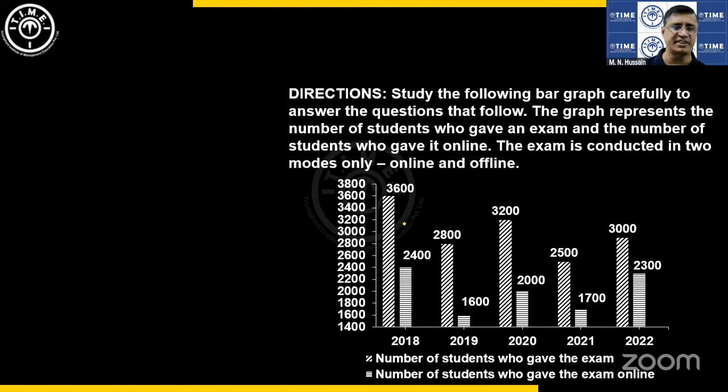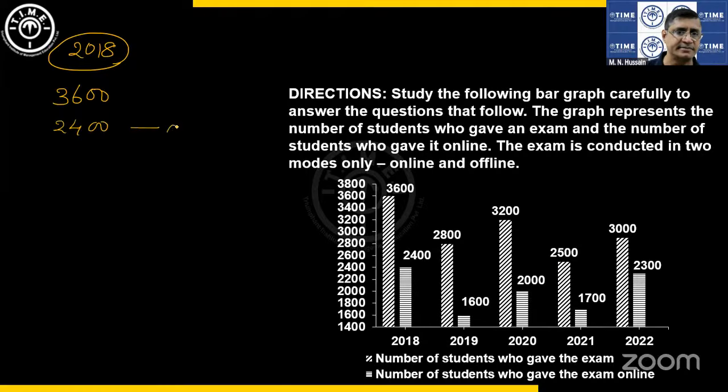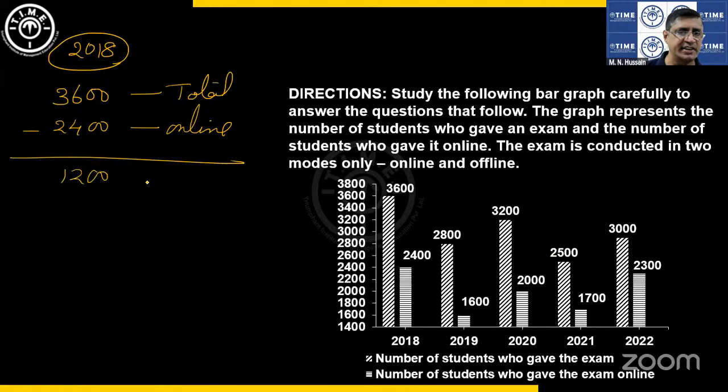The first bar, let us take here 2018. The number of students who gave the exam, how much here? 3600. 2018 data I am talking about. In that, how many gave online? 2400 gave online. 3600 is the total. Now the difference is 1200. That 1200 is offline.